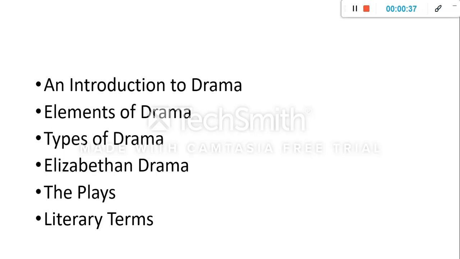Then we are going to explain the main elements of drama, types of drama, and also we will explain some characteristics of Elizabethan drama. After finishing these points, we are going to move to the plays.